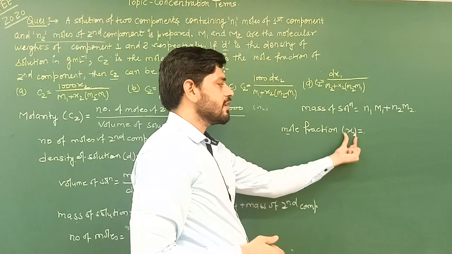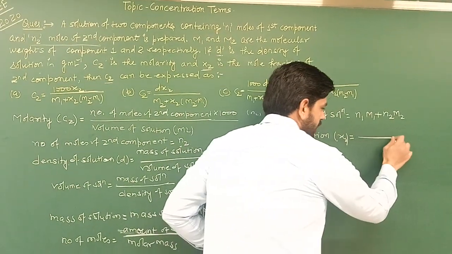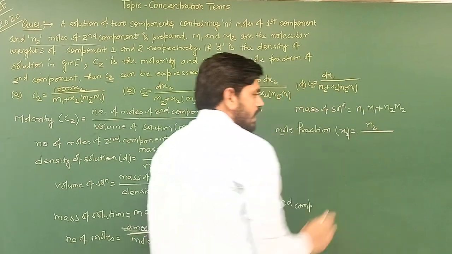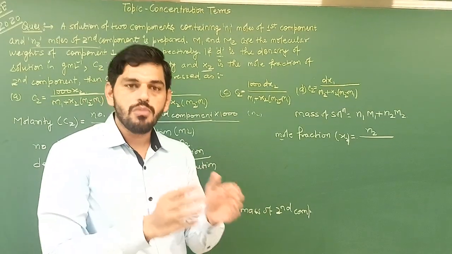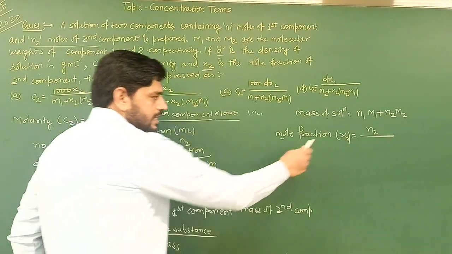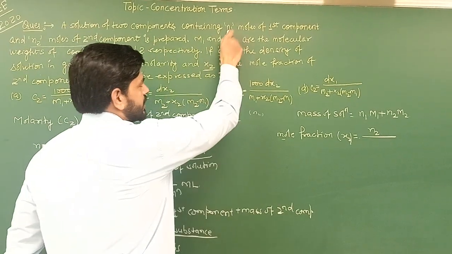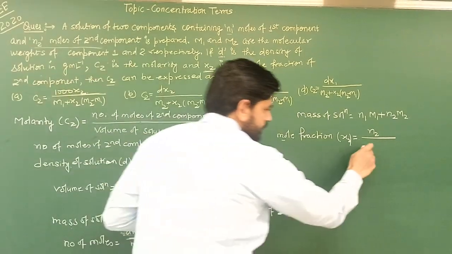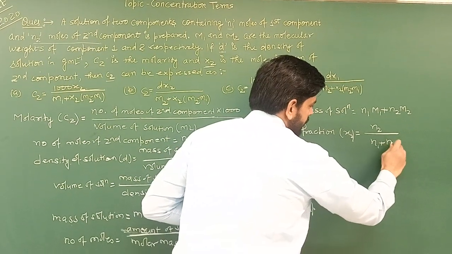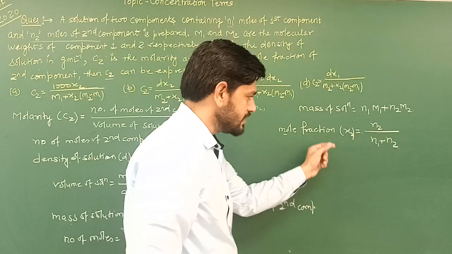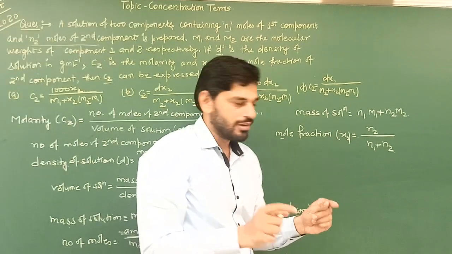If we use the second component, then the number of moles of the second component, that is N2, divided by the total number of moles present in the solution. And what is the total number of moles of the solution? That is N1 plus N2. By using this relationship, we can find out the value of N1.